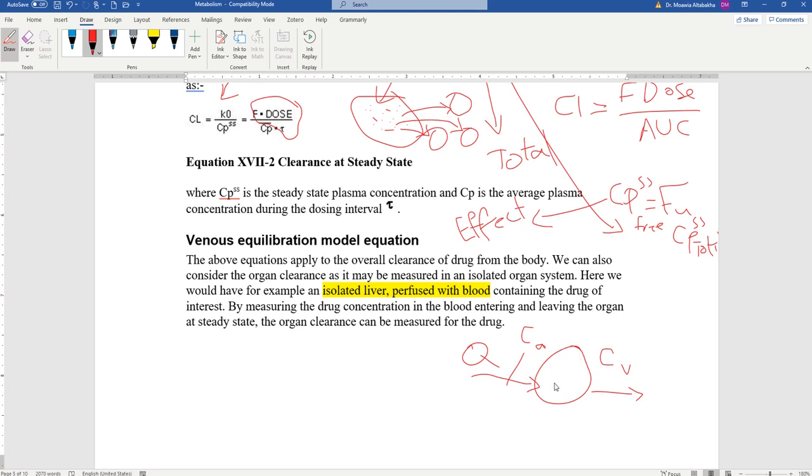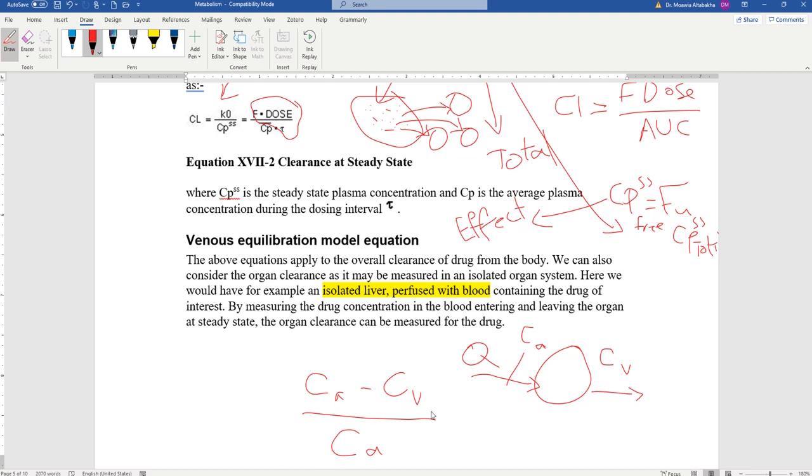Extraction ratio means how much this organ can remove as a fraction, or you can think of it also as a percentage. This extraction ratio is equal to the concentration in the artery minus the concentration in the vein, divided by the concentration in the artery.